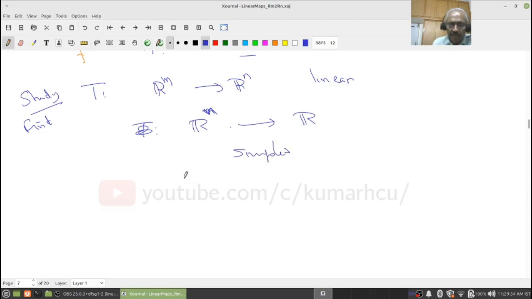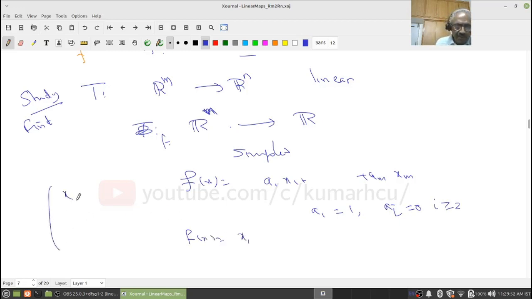See, remember, any linear map f is given by f of x equal to a1 x1 plus ... plus am xm. So suppose I take a1 equal to 1 and ai equal to 0 for i greater than or equal to 2, then what I get is f of x equal to just x1. That is, if I have x1, x2, ..., xm, I am dropping it only to x1.